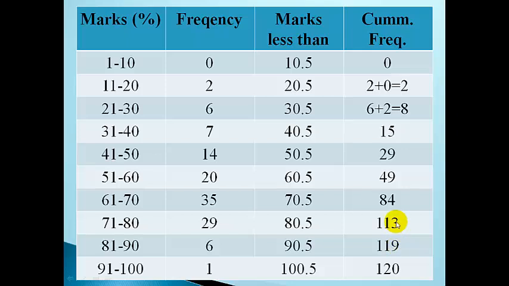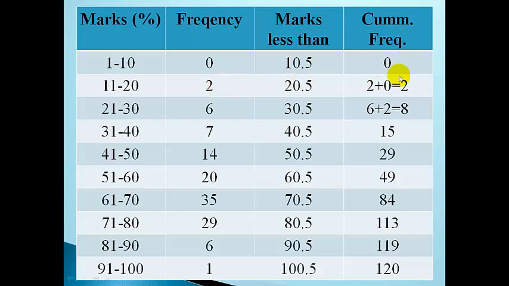Let me go over this again because it's very important. That's what we are going to use in drawing the cumulative frequency curves. We said that the frequency for the interval 1 to 10 is 0. So the cumulative frequency also starts from 0. Then we now begin to add downwards. So we add 2 to the initial cumulative frequency.